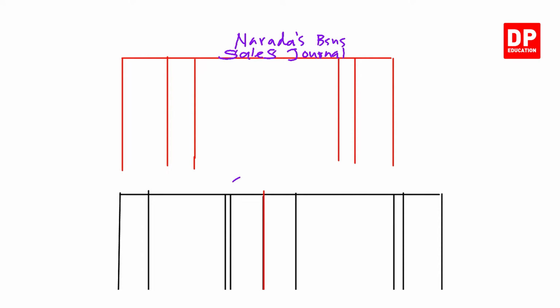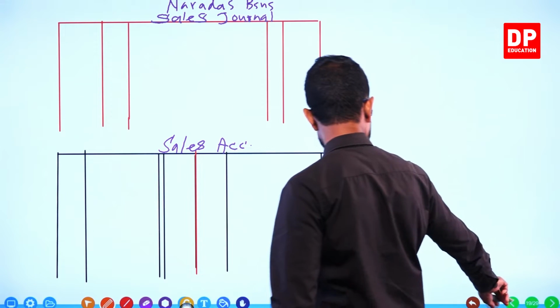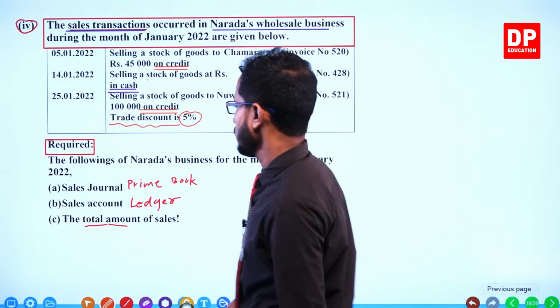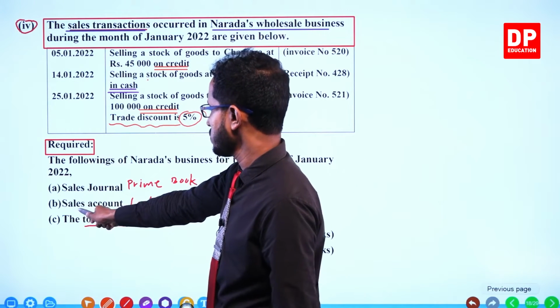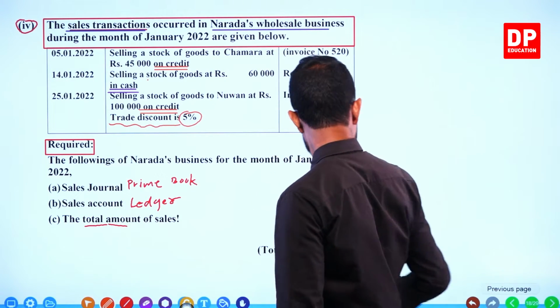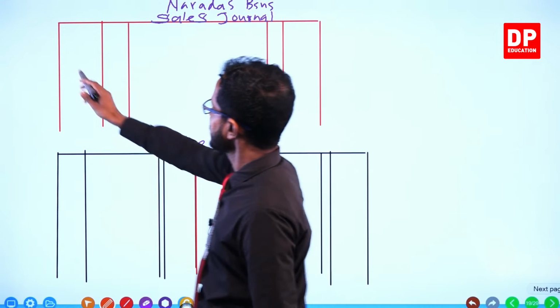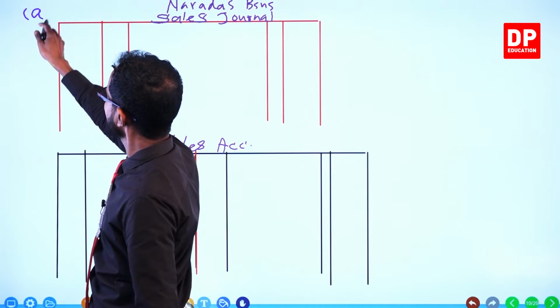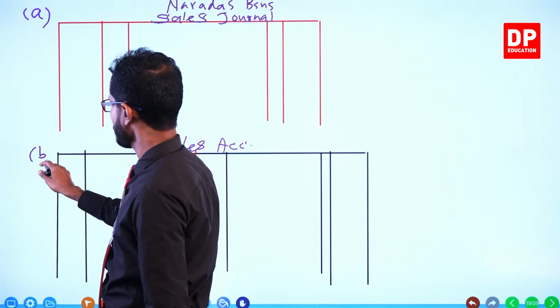Then, under the journal, the sales account of Narada's business. That is the ledger account. Sales journal is the A part, sales account is the B part.